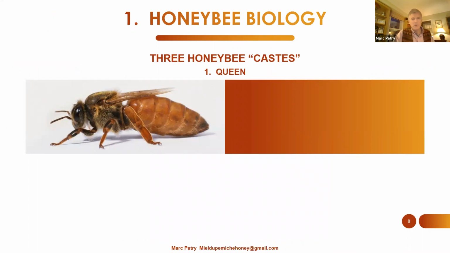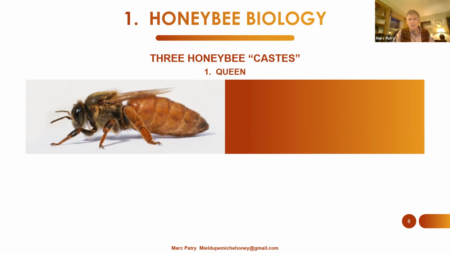We've all heard about the queen bee. A funny story: until fairly recently, I would say 150 or 200 years ago, it was commonly believed that the queen bee was actually a king bee. This is in the societies we lived in in Europe, where there are a lot of monarchies with a king in charge.